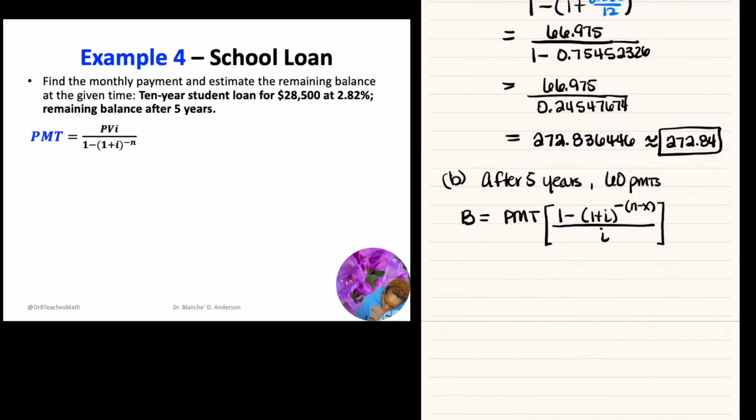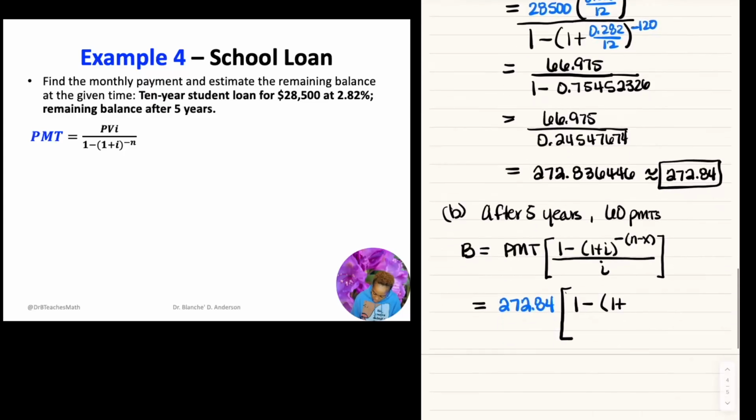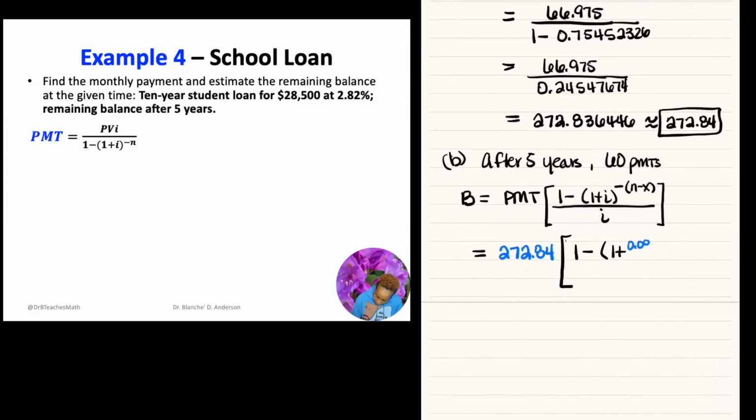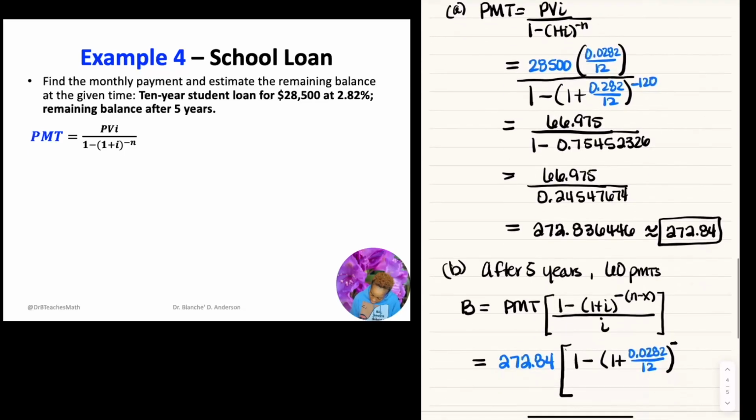So let's plug and chug, right? We found that our payment was $272.84, right? And then we have 1 minus 1 plus our same interest rate, 0.0282 divided by 12, to the minus, our n was 120.